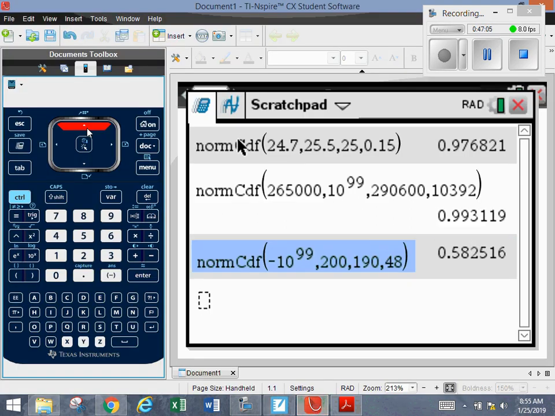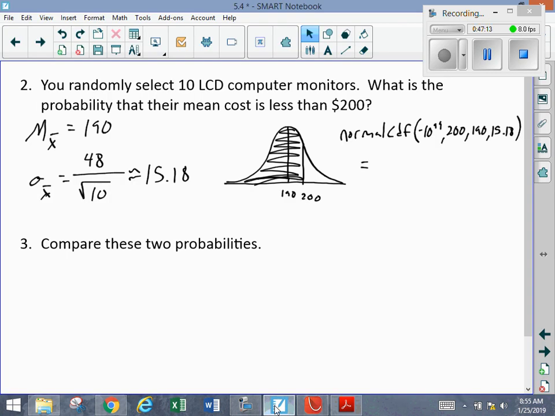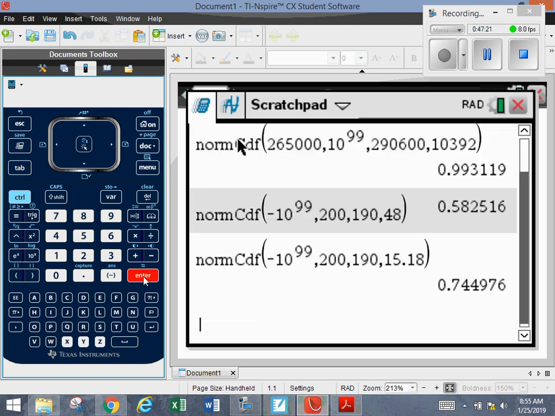Check it out. Standard deviation got much smaller. It's now 15.18. So we come up with a much higher probability.